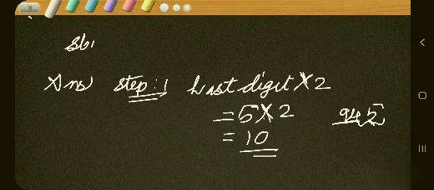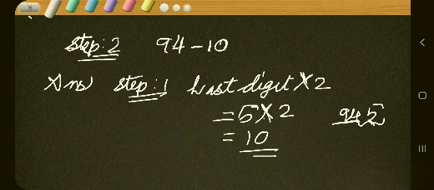Step 2. In step 2, what we have to do? 10 has to be subtracted from the rest of the digits. Rest of the digits means 94 minus 10, isn't it? What is the answer?